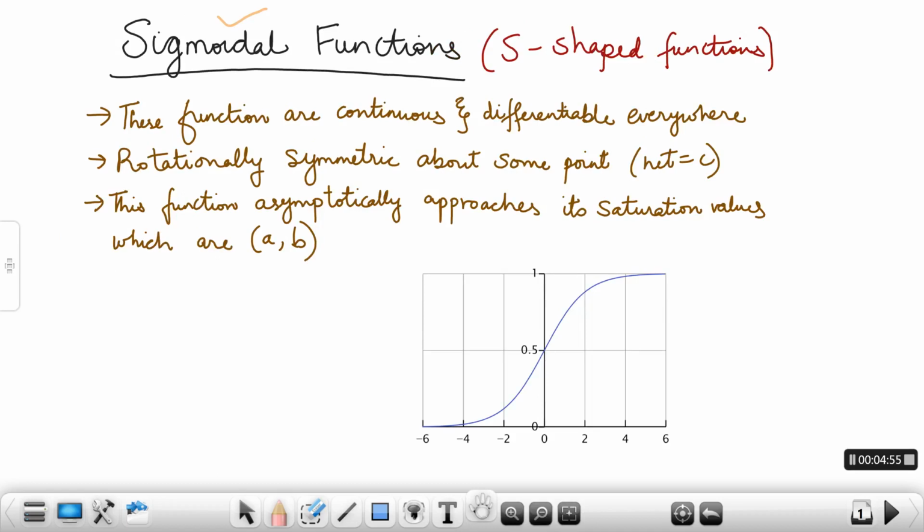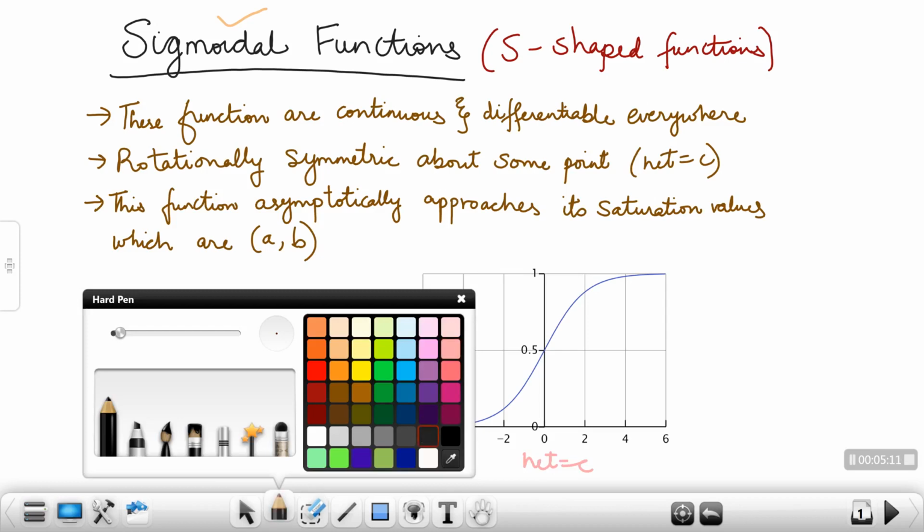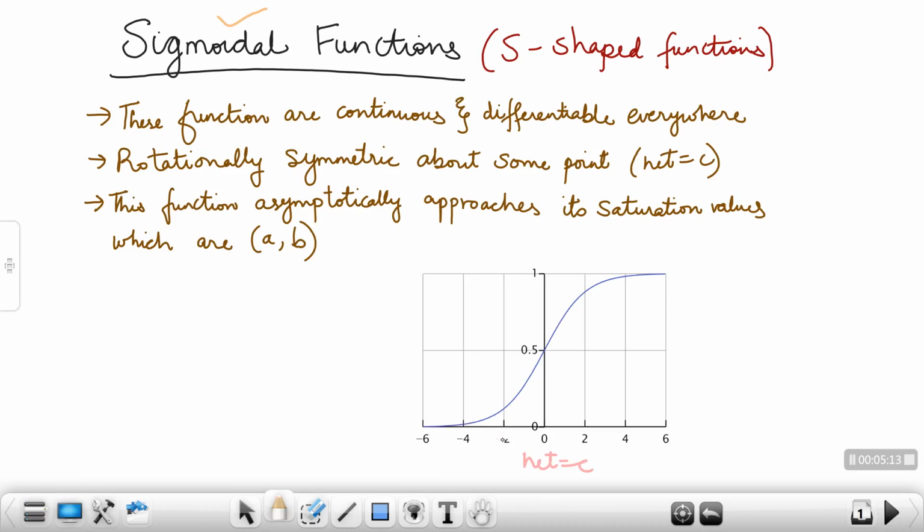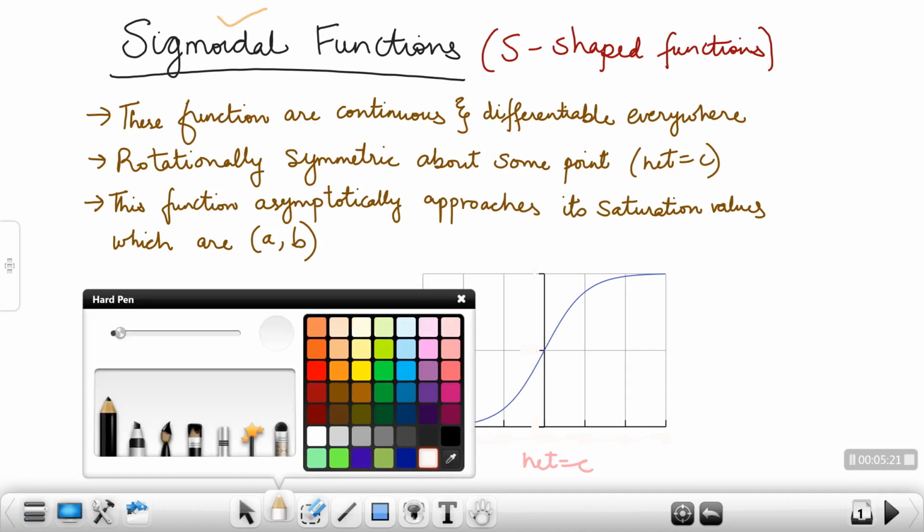You can see in this graph that the function is continuous everywhere. Then it is rotationally symmetric about some point, net equal to C. I write this point as net equal to C, and I am not much interested in these particular values. I am more interested in the shape of this graph.